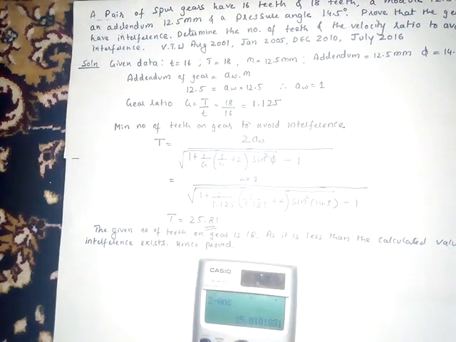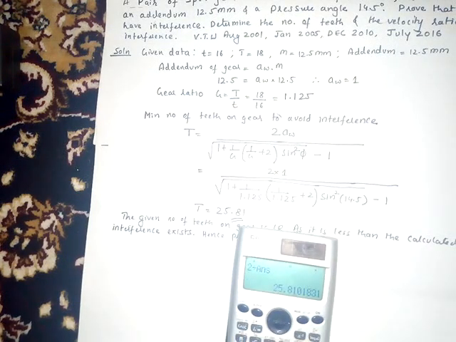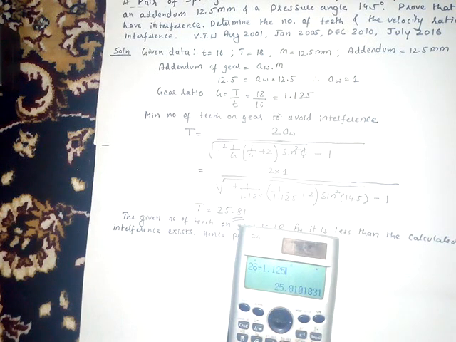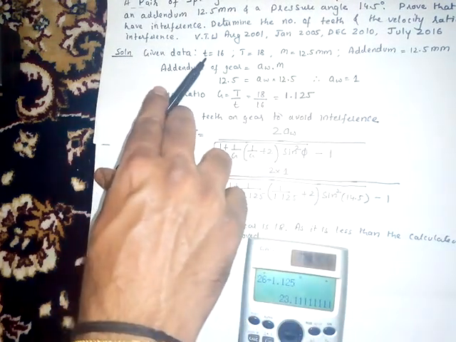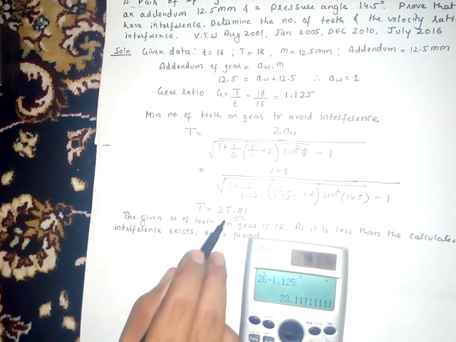So if I take the value of capital T equal to 26, then it will become 26 divided by 1.125. So this is 23.111 is the value of small t. Since t cannot be decimal, it should be a whole number, we cannot consider 26 as evident from this calculation.